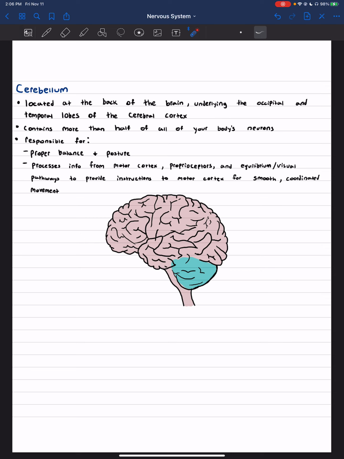Everything that's voluntarily smooth and coordinated will be provided by your cerebellum. It's also very responsible for proper balance and posture. So the cerebellum is a very important part of our brain, and I just wanted to really make that clear because it will probably be tested on, and it's very good to know a lot about the cerebellum.